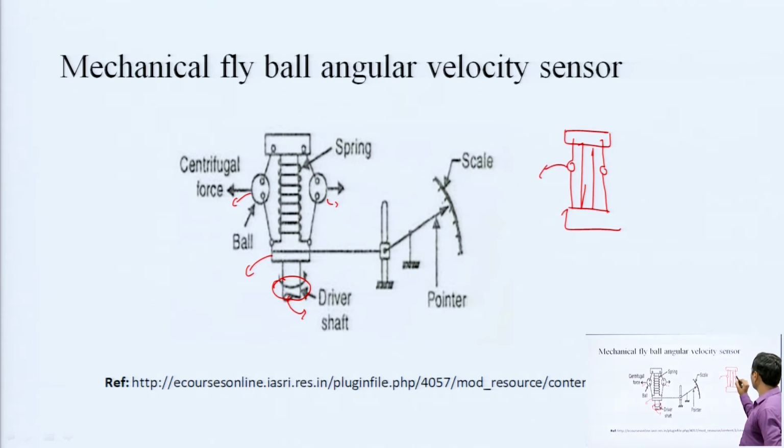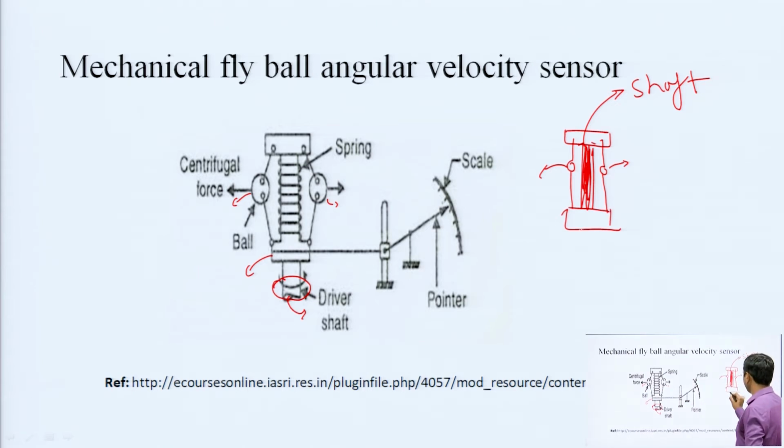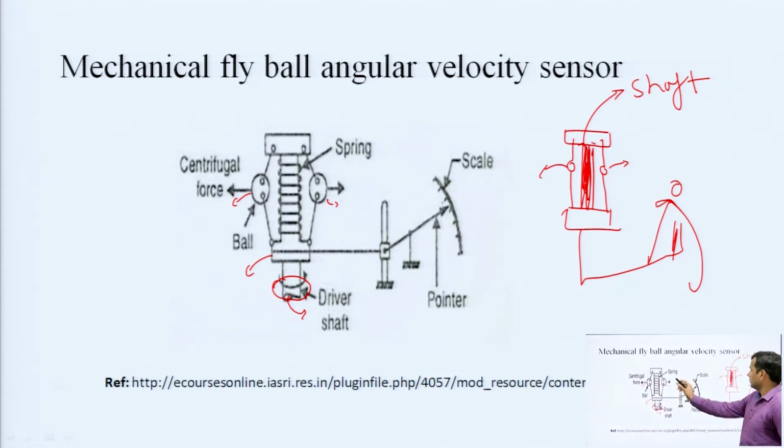When these two balls are in the stationary position, it means the shaft is not rotating. When it is not rotating, the position is like that, and the pointer is on 0, when there is no motion and the shaft is stationary.